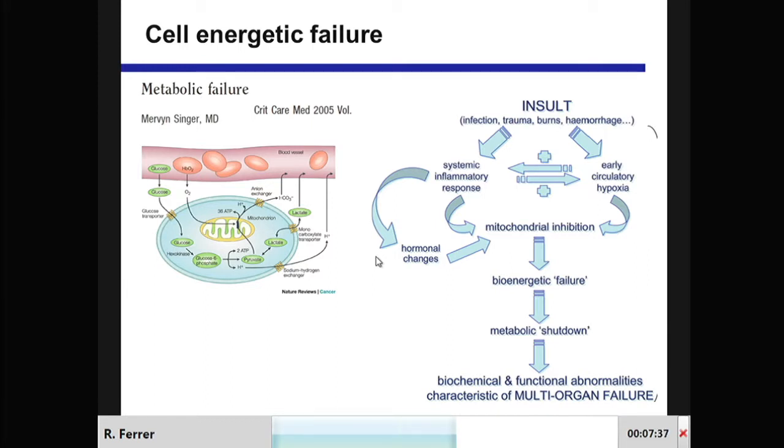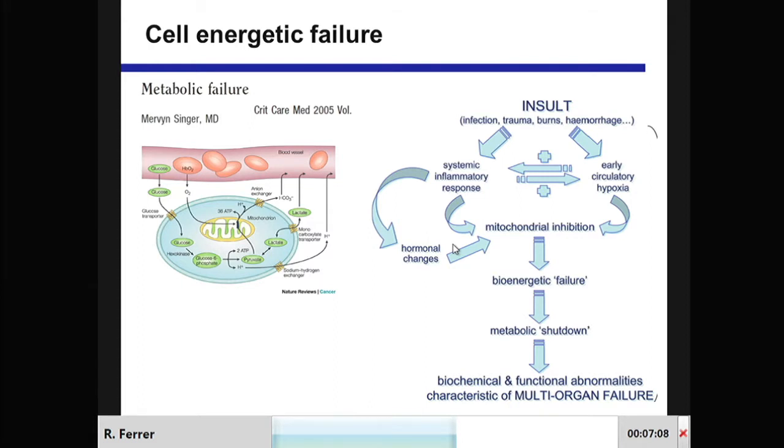As I said, there is a decrease in the availability of oxygen to the cells, but also inside the cells, the mitochondria, because of the systemic inflammation, have an impaired metabolism of oxygen, so they are less able to use the oxygen to produce energy. So at the end it is a metabolic failure or a metabolic shutdown.